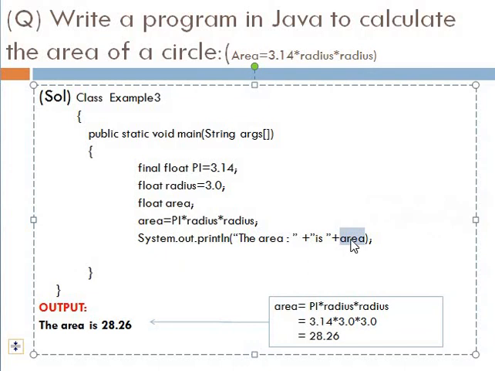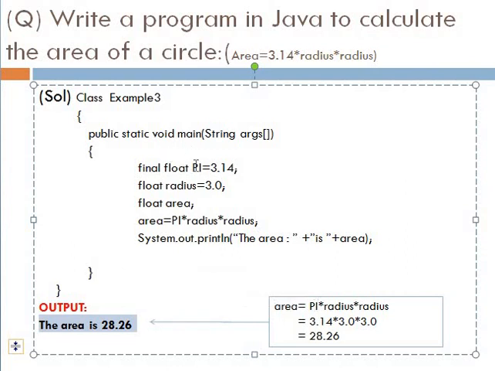Since this is a variable, the value assigned to it was 28.26, which has been calculated using the formula pi into radius into radius. So in the output, in place of this variable called area, the value assigned to it is displayed, which is 28.26. The output shows the message: the area is 28.26.